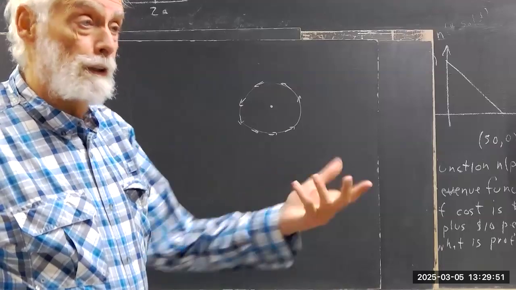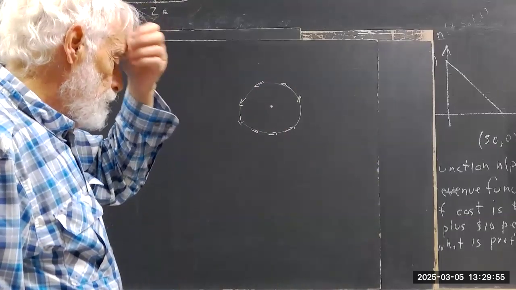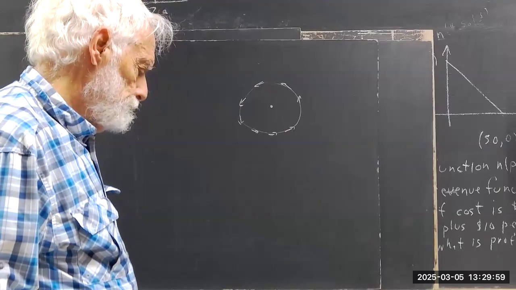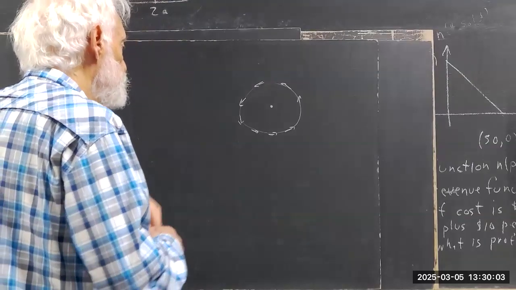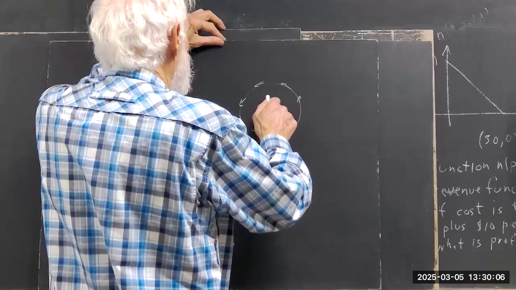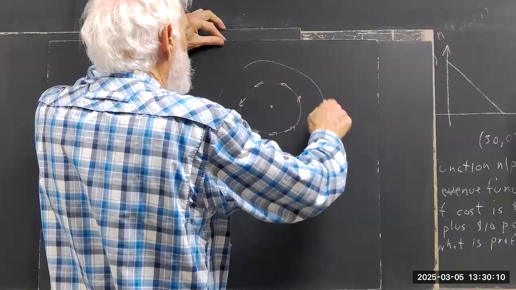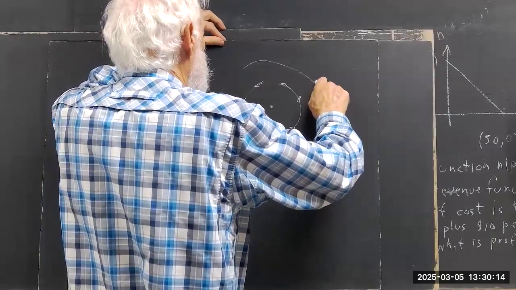Now you've seen that, so that's something you should understand pretty well. If you have a bigger circle out here, the magnetic field still surrounds it, but it's going to be a smaller magnetic field.